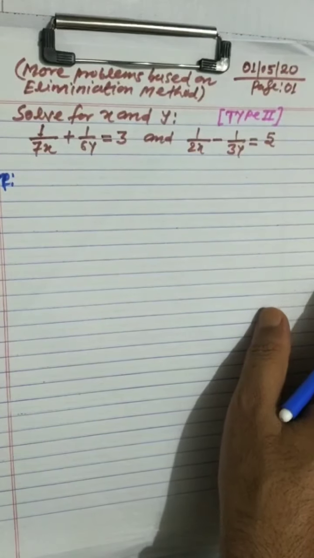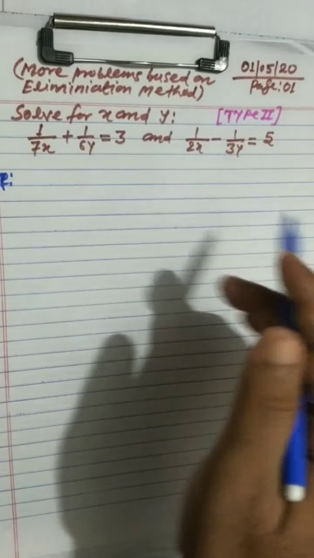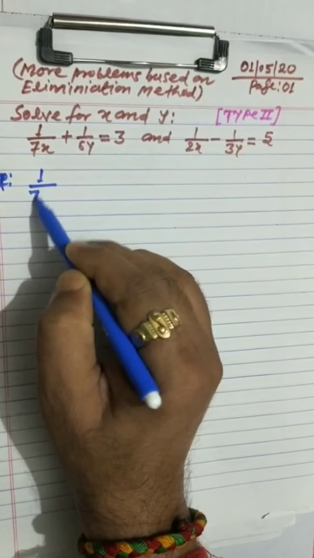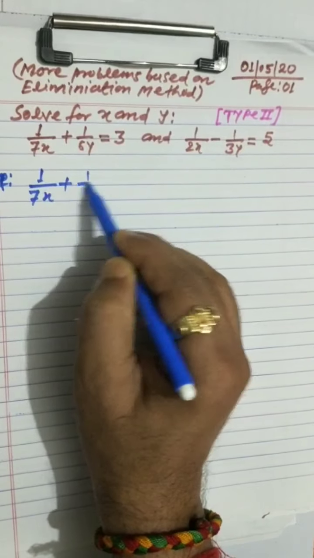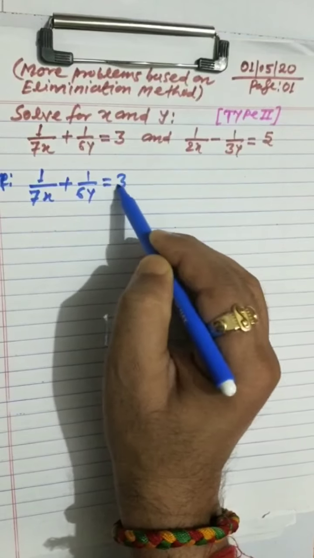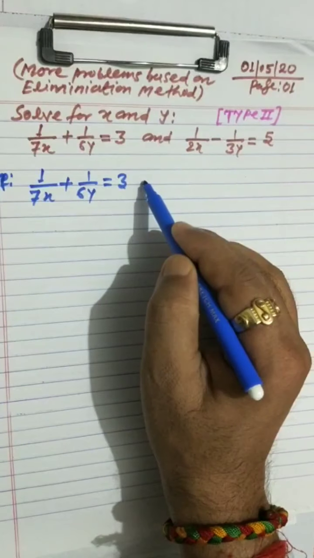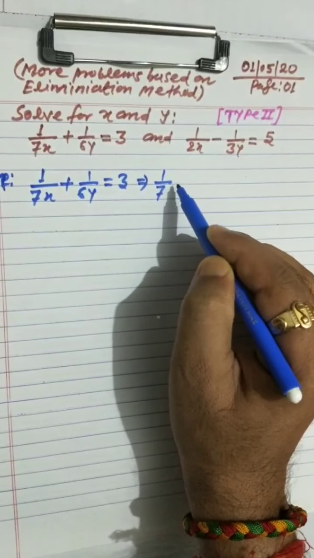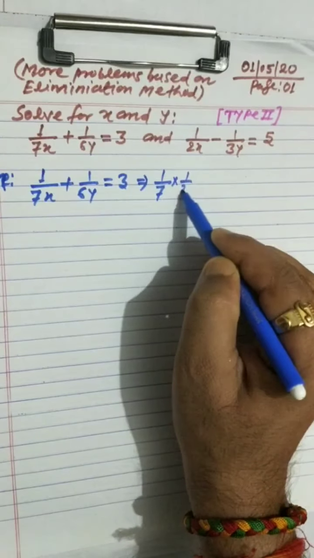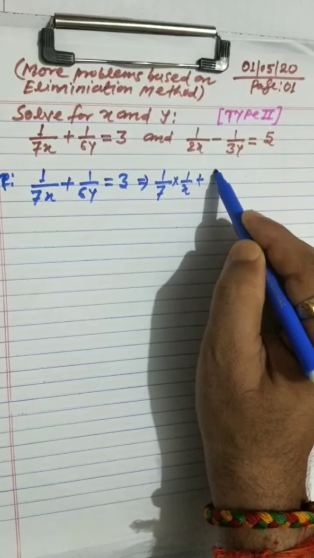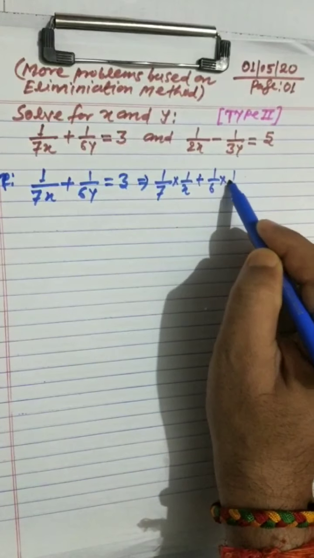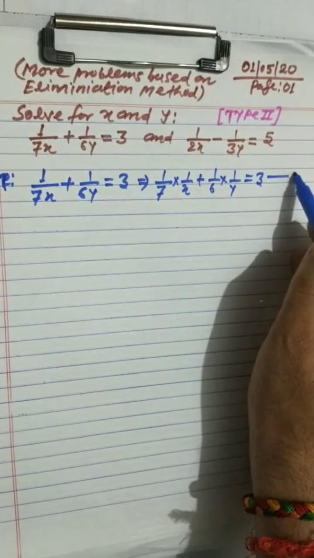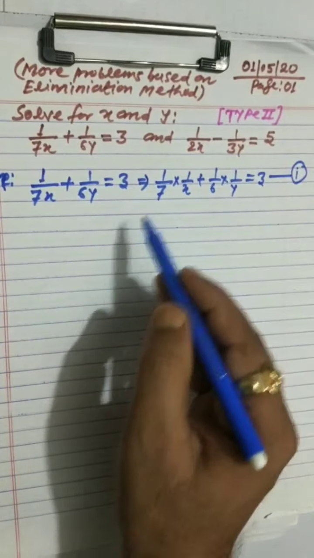So to solve this type of problem, 1 by 7x plus 1 by 6y is equal to 3. This can be written as 1 by 7 multiplied by 1 by x plus 1 by 6 multiplied by 1 by y is equal to 3. Okay, this is equation first.